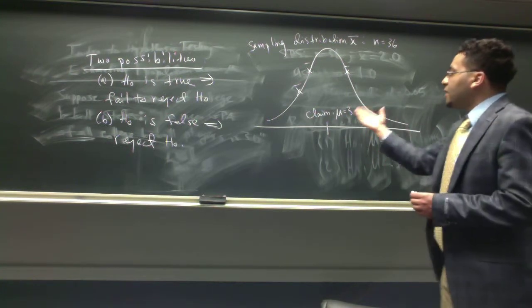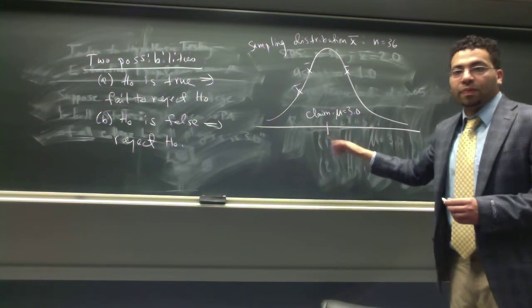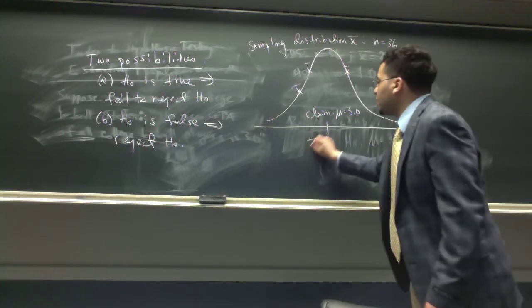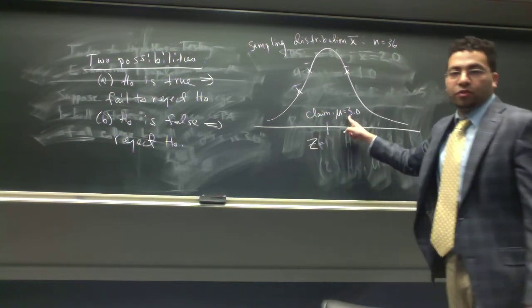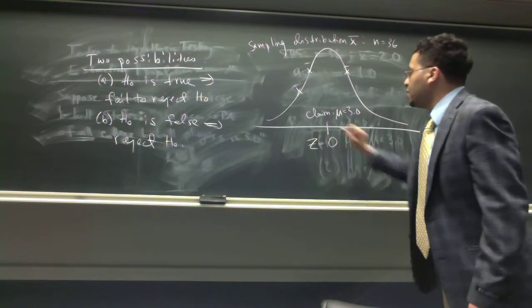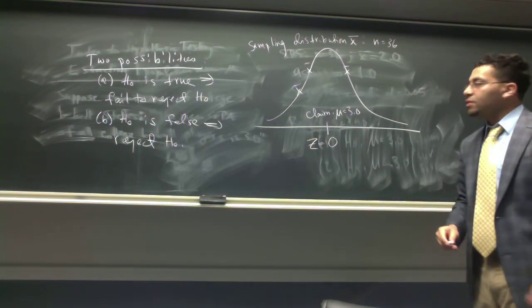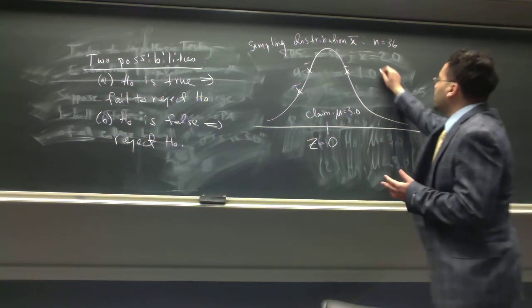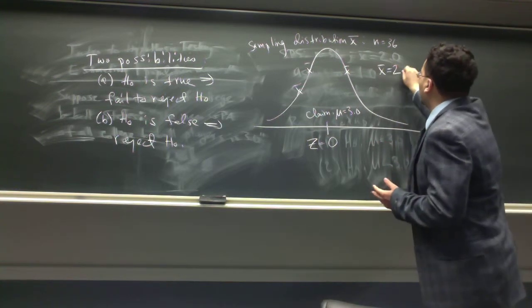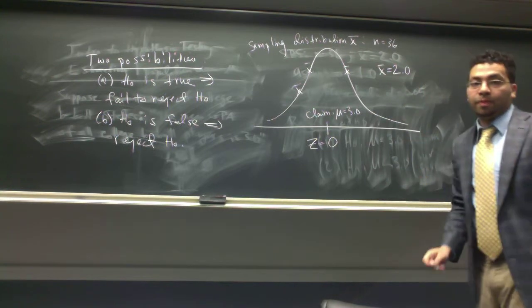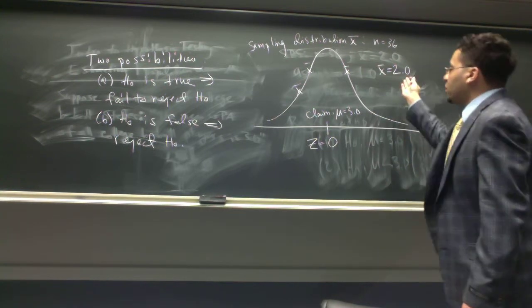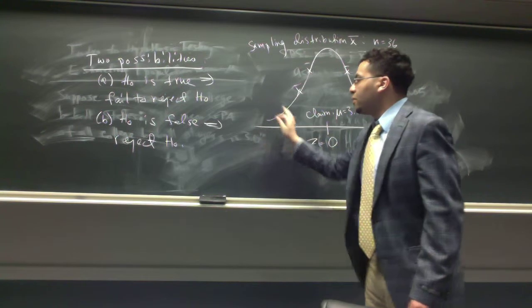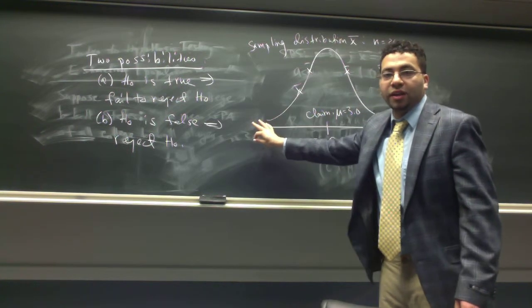Now we'd like to standardize 3.0, and we know that the associated z-score for a mu of 3.0 is z equal to 0. The next thing we need to do is standardize our x bar. If you recall, our x bar was 2.0. So certainly 2.0 is going to lie around here in the left tail.